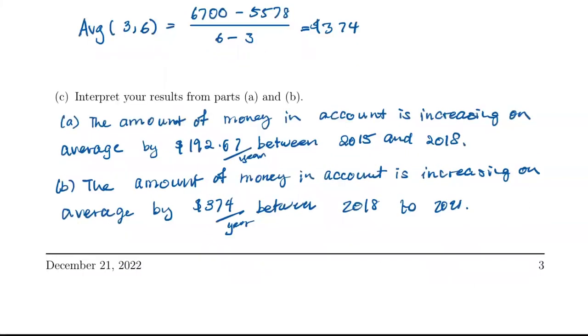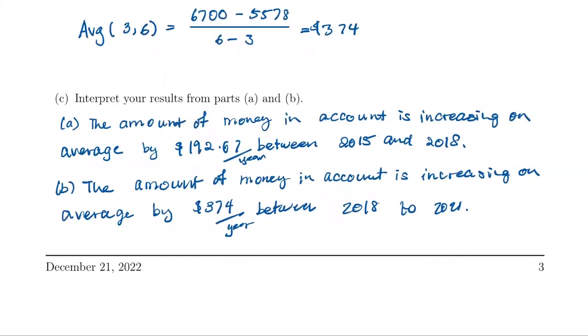So that's how we would basically interpret our results for both parts A and B.